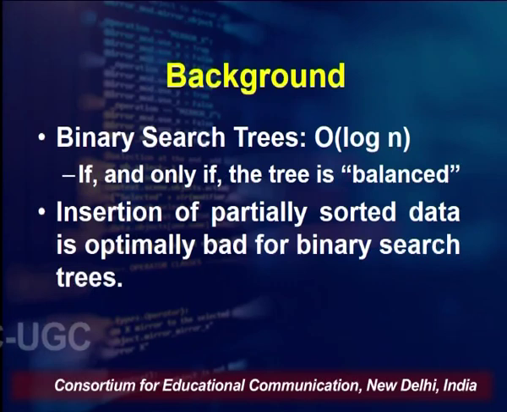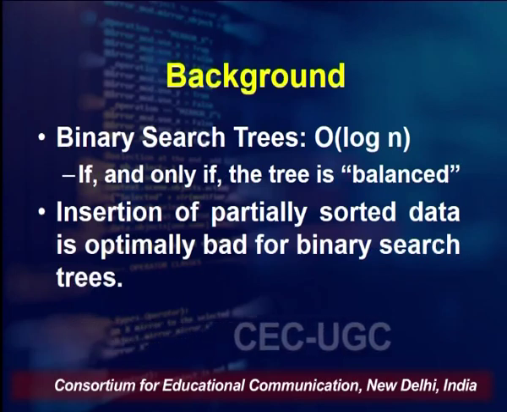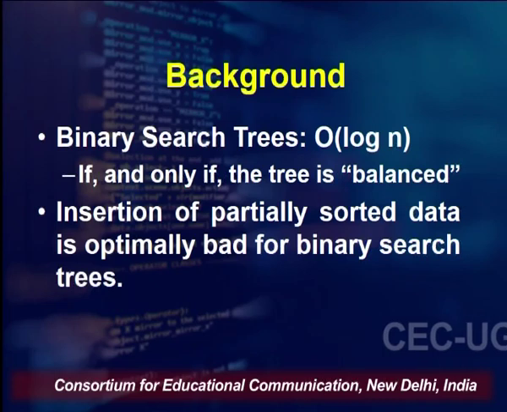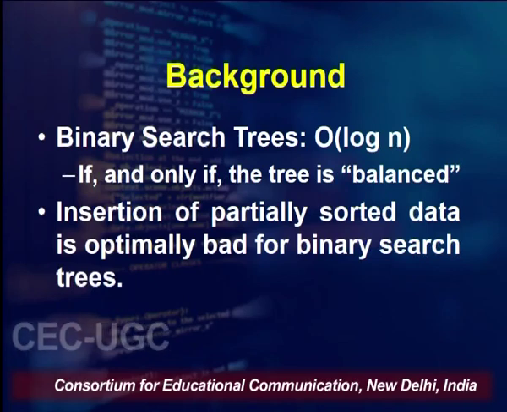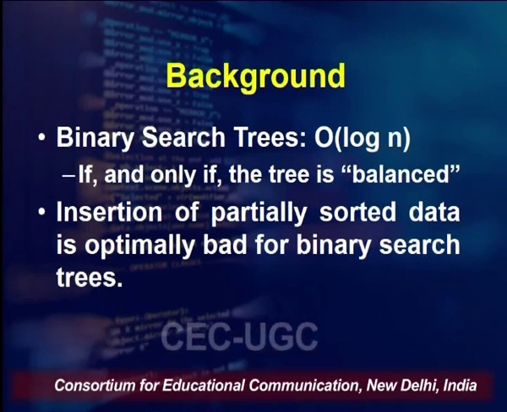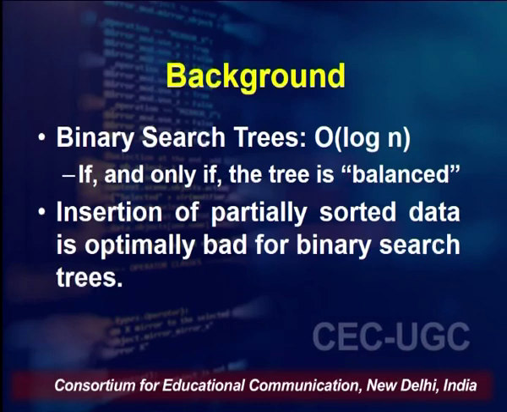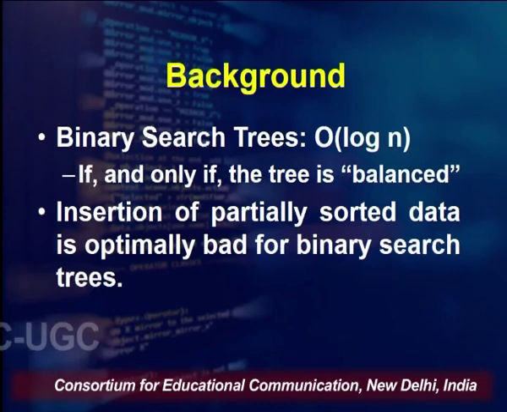The biggest advantage of the binary search tree is the operation time complexity. For insertion, deletion, or even searching, the time complexity is order of log n, where log n is nothing but the height of that particular tree.